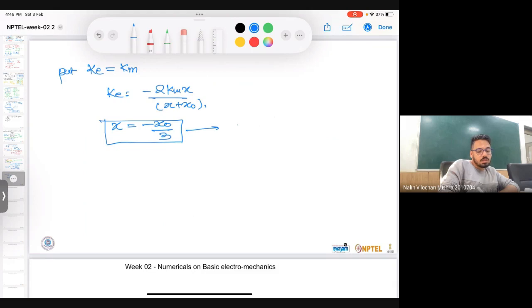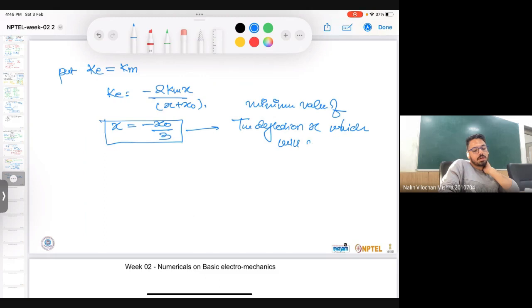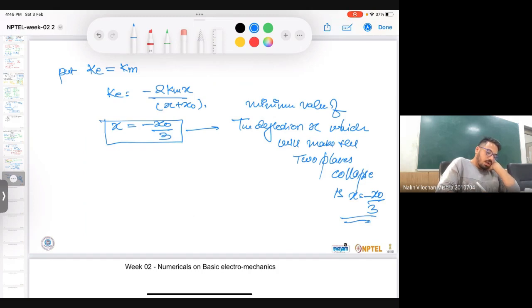So the deflection x, or we can say the minimum value of deflection x which will make the two plates collapse, is x equals minus x naught by 3.